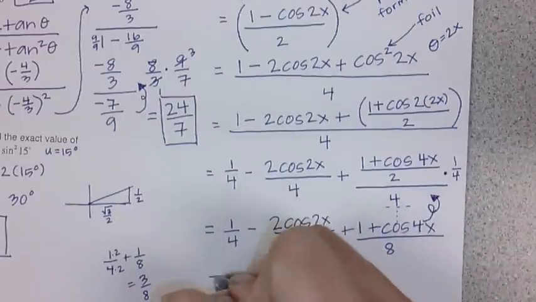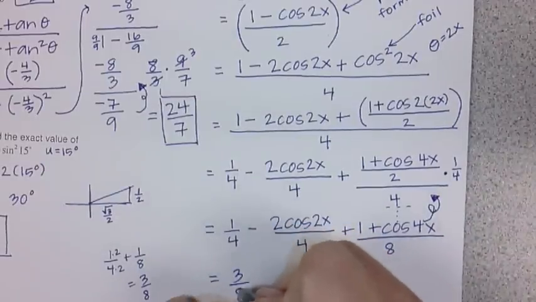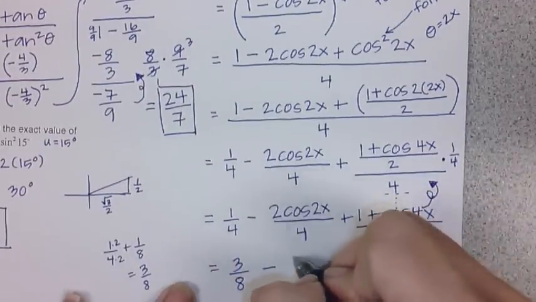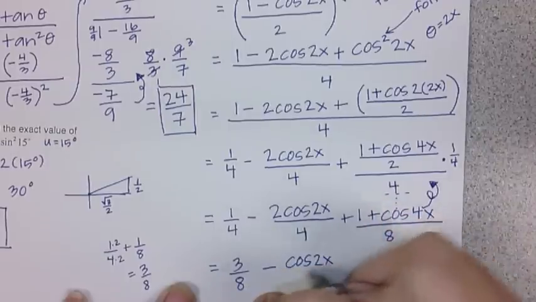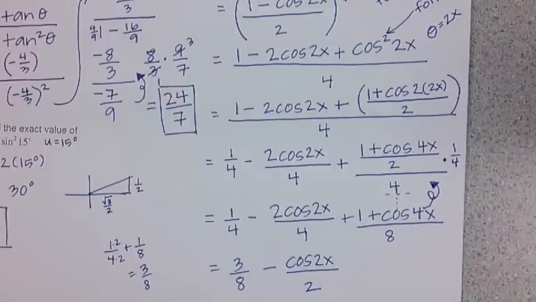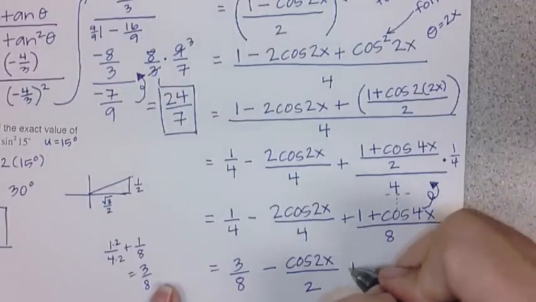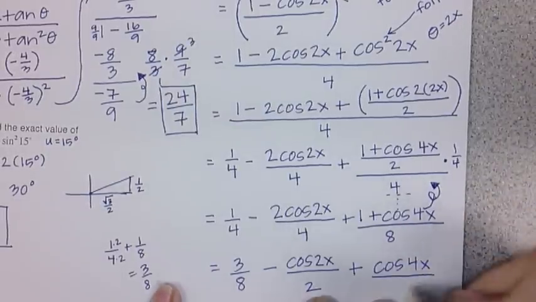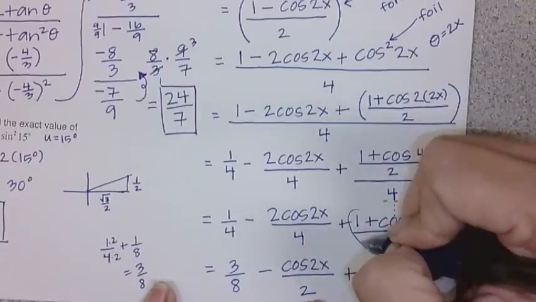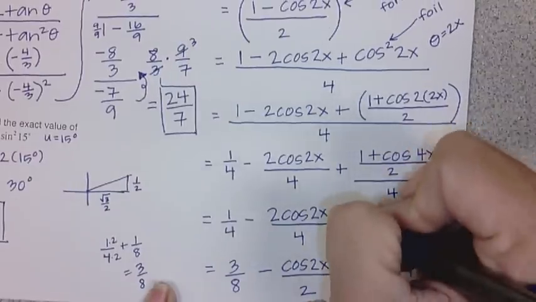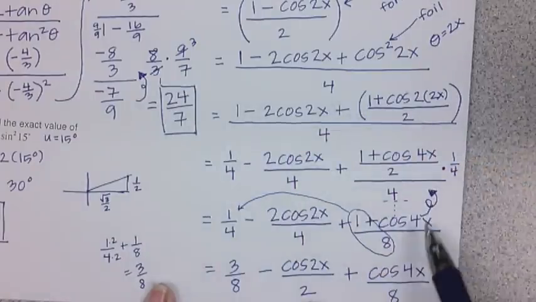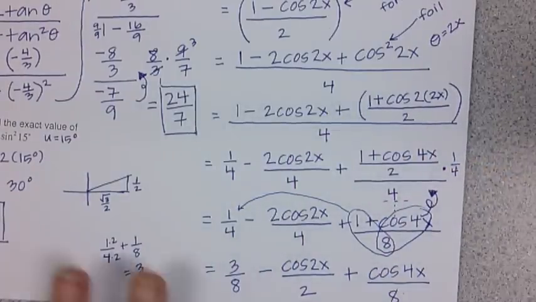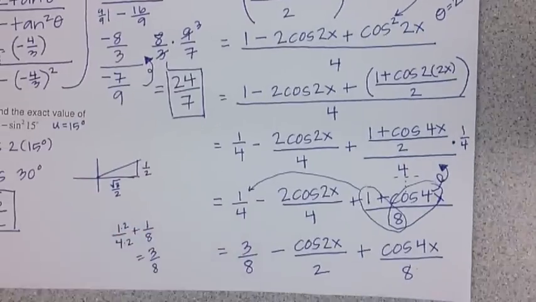So this is going to be 3/8 minus, and I'm going to reduce that fraction, cosine 2x over 2, and then plus cosine 4x over 8. So remember that I took this 1/8 and I added it to that 1/4, but the cosine 4x still needs to be split up into that fraction so it still gets the 8 as well.